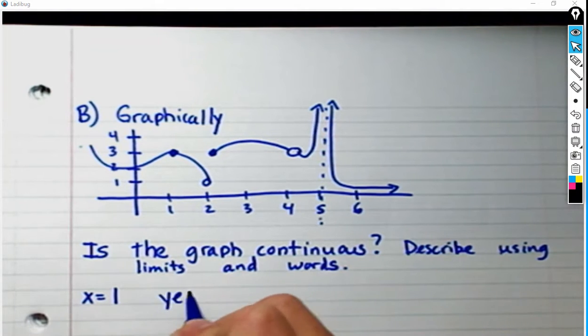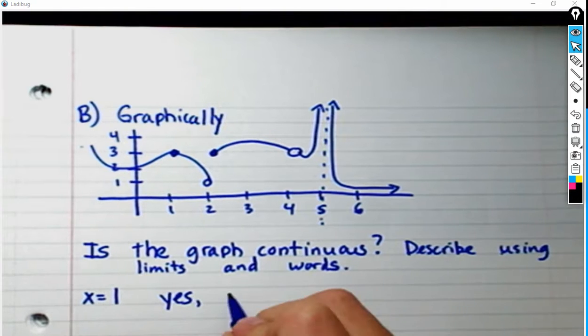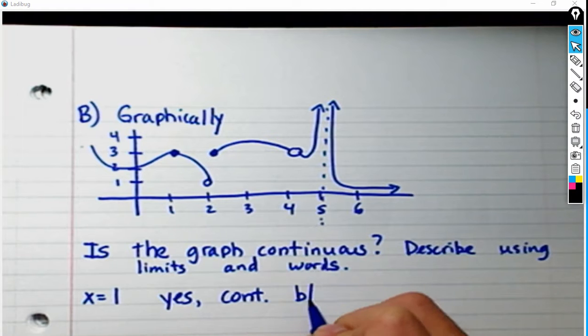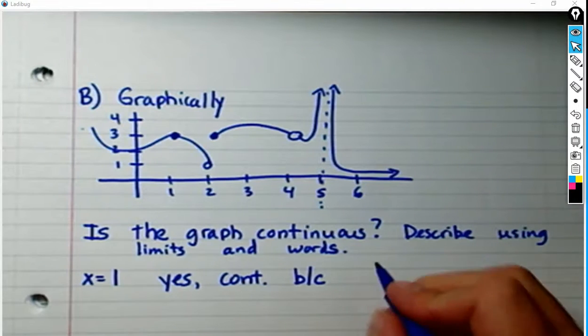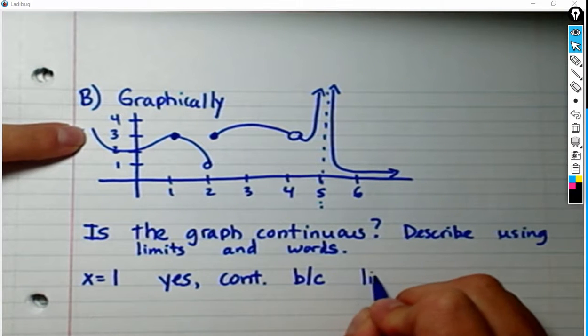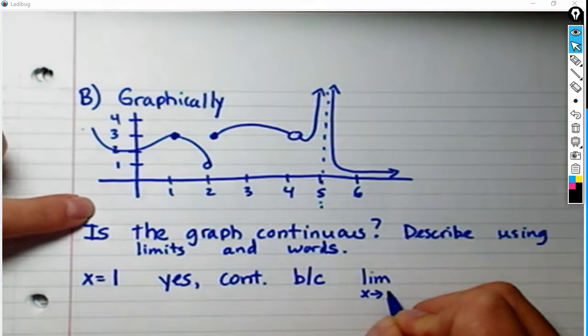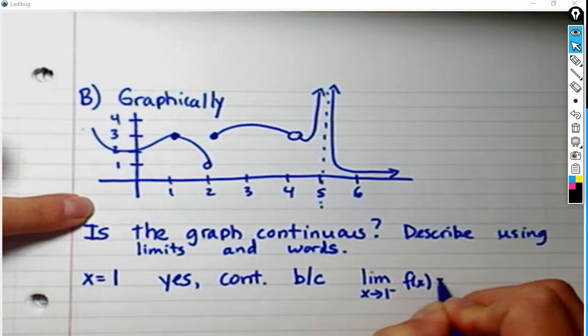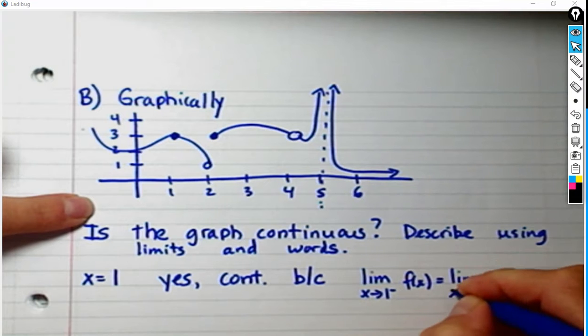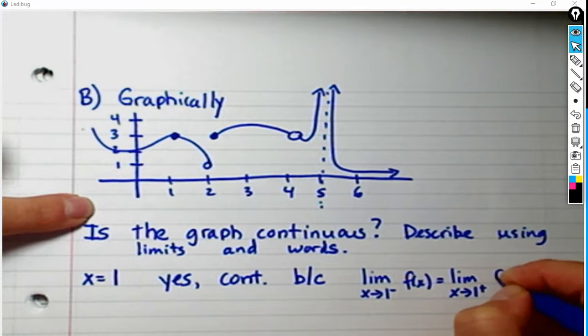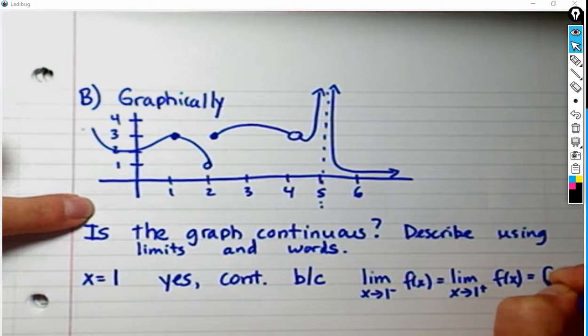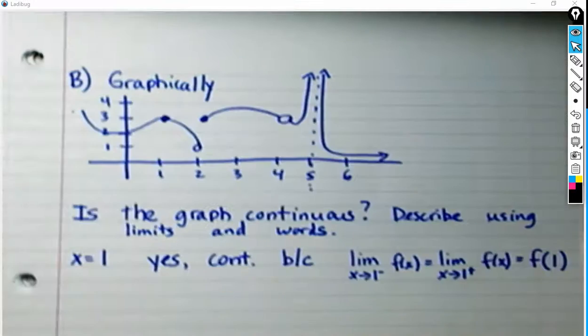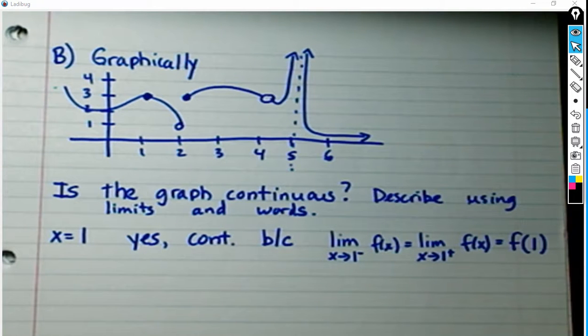Yes, it's continuous, because the limit as x approaches 1 from the left equals the limit as x approaches 1 from the right equals f of 1. I trace it from the left and from the right, and the point is all in the same place.